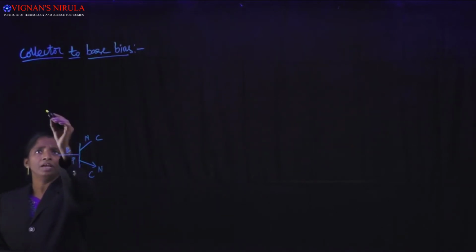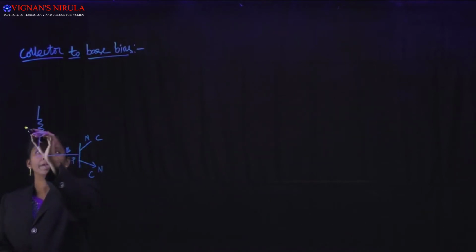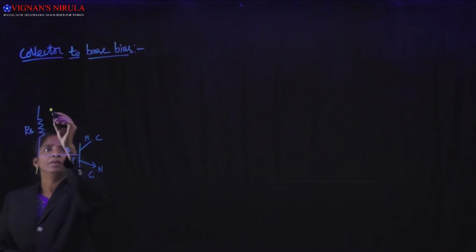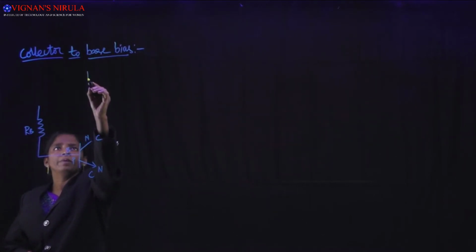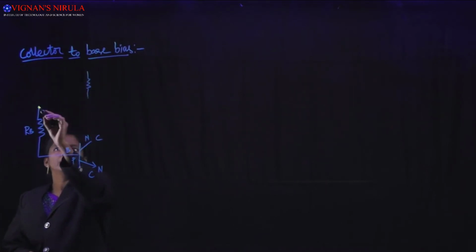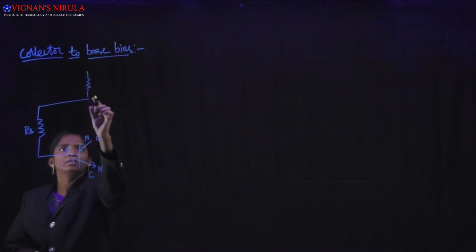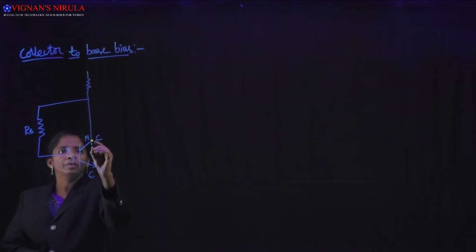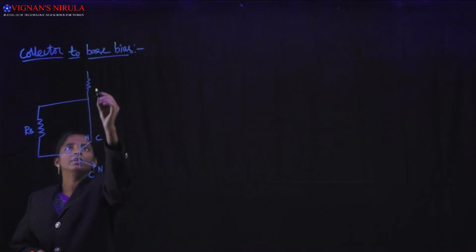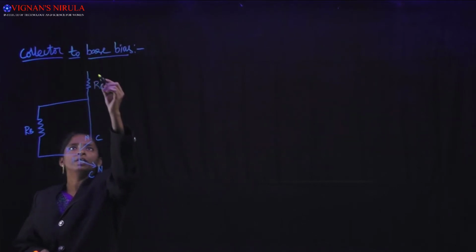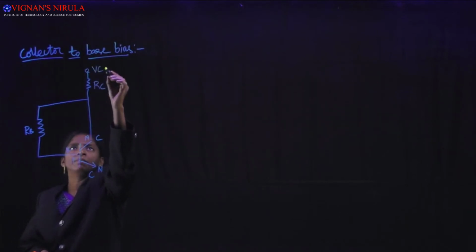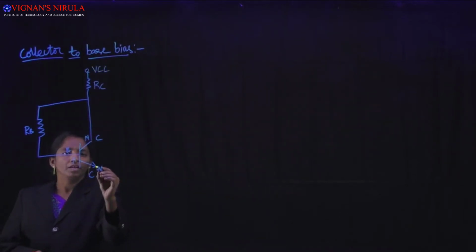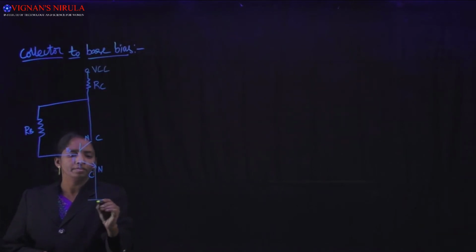Now I am connecting the feedback resistor, represented with RB, between base and collector of the transistor. And to take the output voltage we are connecting the collector resistor, represented with RC, and the supply voltage is VCC. Here the emitter is grounded.